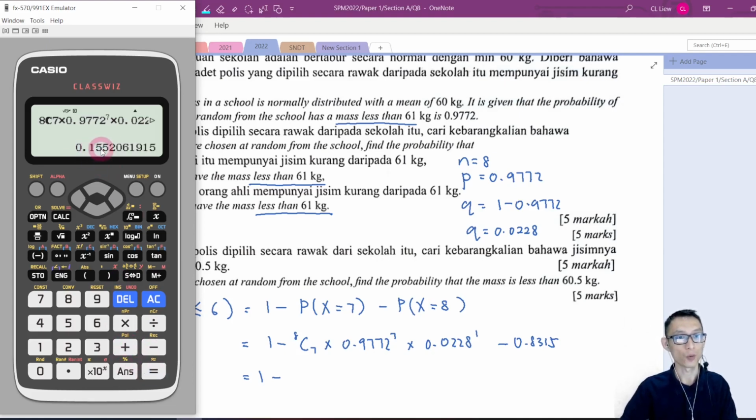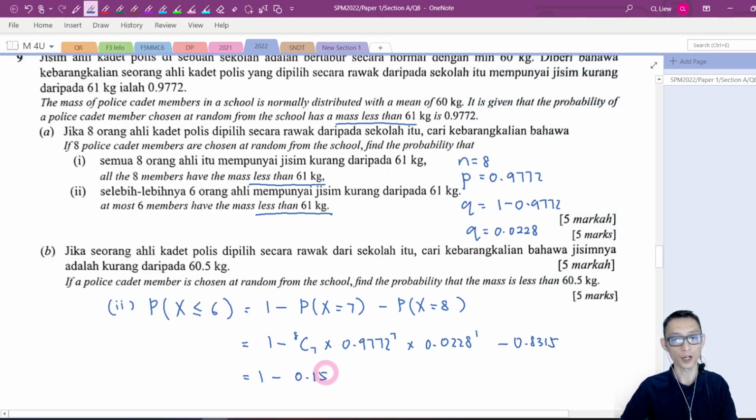Okay, 0.1552. This one just copy first, and then press to calculate again. 1 minus 0.1552 minus 0.8315. Okay, so the answer is 0.0133. Okay, this is the answer for part 2.